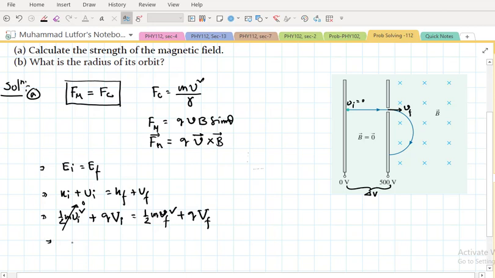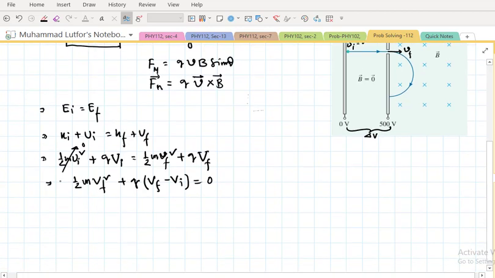Then I can write half m v squared plus q times (Vf minus Vi) equals 0.